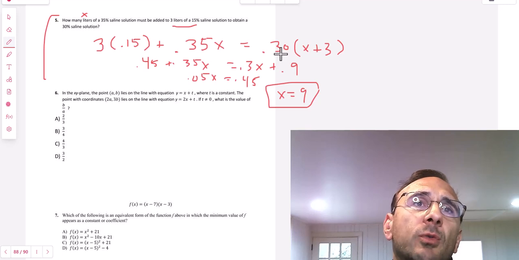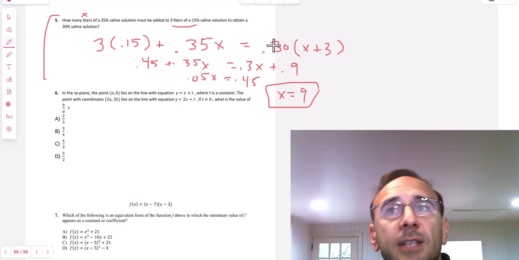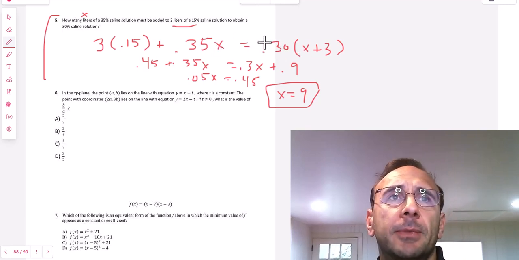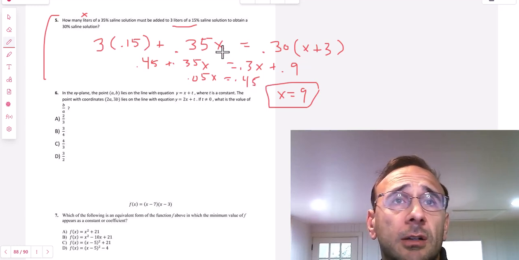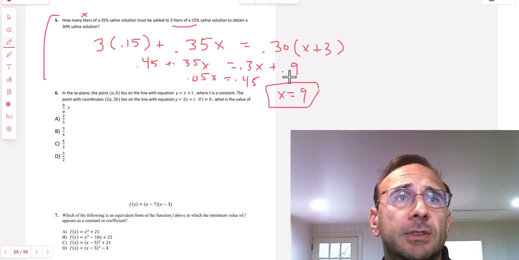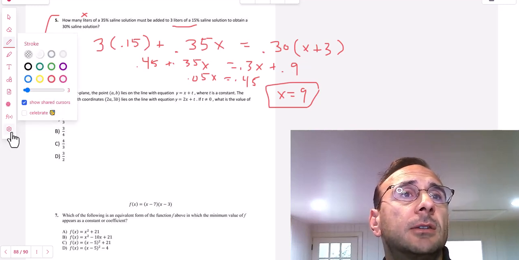So sometimes you will have that variable on both sides of the equation after you create it, and that just kind of makes it tougher. And again, on the other sheet, there are a couple more of these. Definitely revisit this as needed.